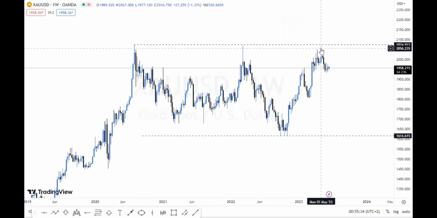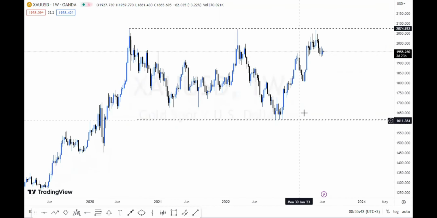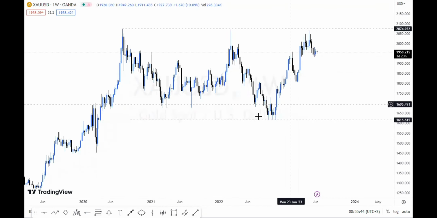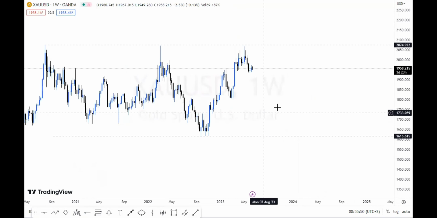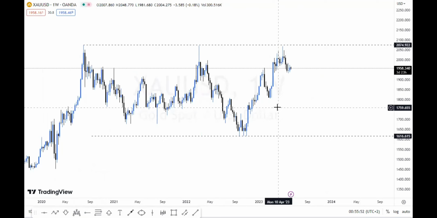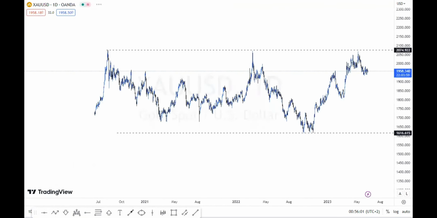This was an attempt at making a third touch, or we could even count it as a third touch, right? And then we also have a support here, but obviously we have to focus on the price action that's happening currently. So we're gonna zoom into the daily.